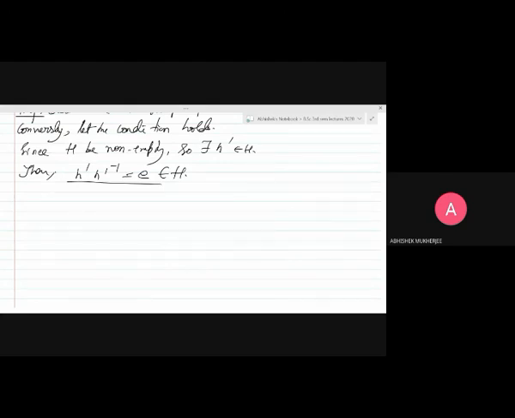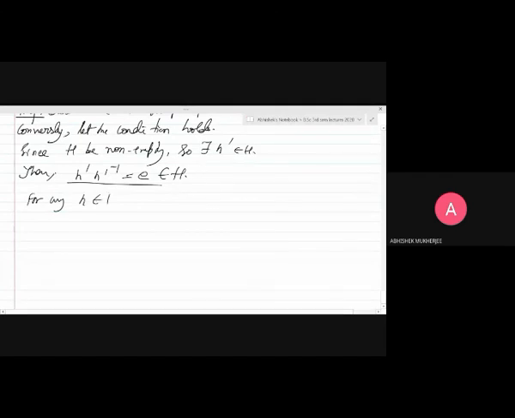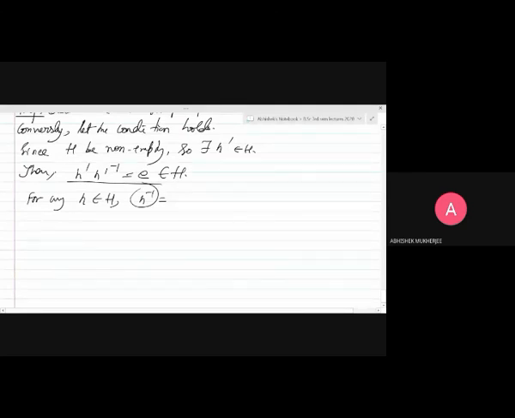So yes, then it is in H. Then this proves that for any h belonging to capital H, h inverse exists in G, but h inverse can be written as e h inverse, right?